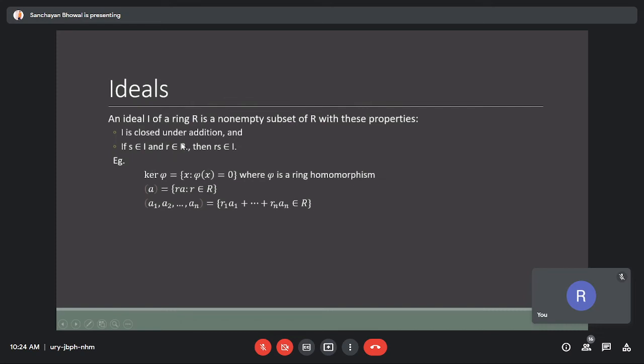Note that this other element which is multiplied need not be in the ideal; it can be in the whole ring. Now here are some examples. This is the kernel of phi, where phi is a homomorphism. We can similarly define the kernel as we did in groups. And this forms an ideal again.